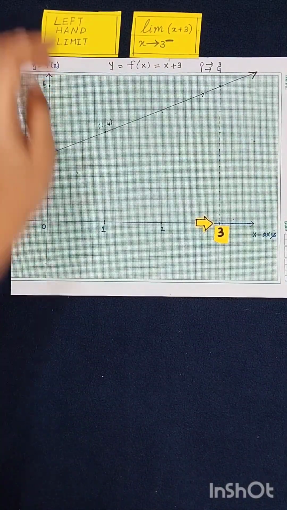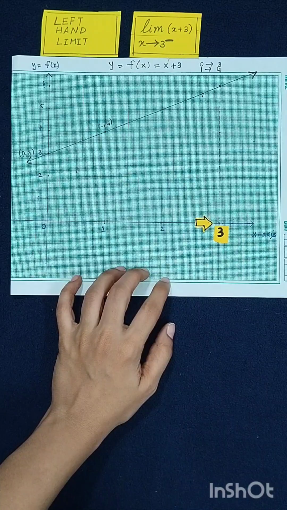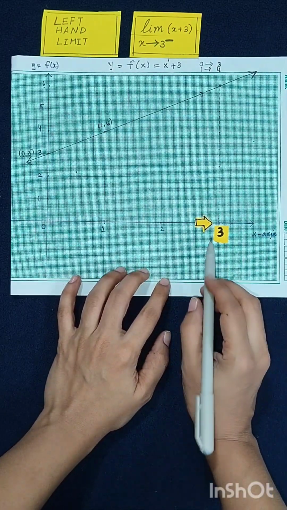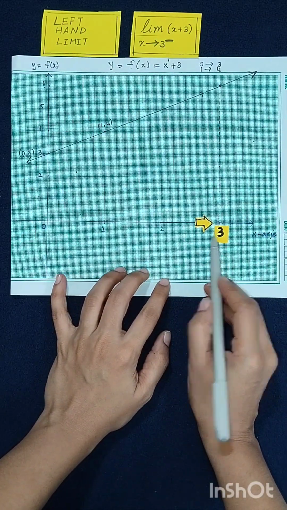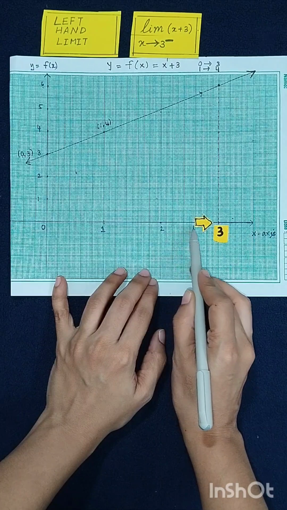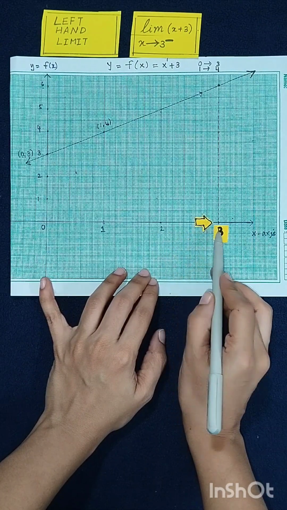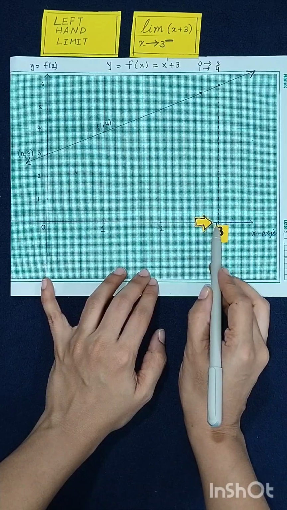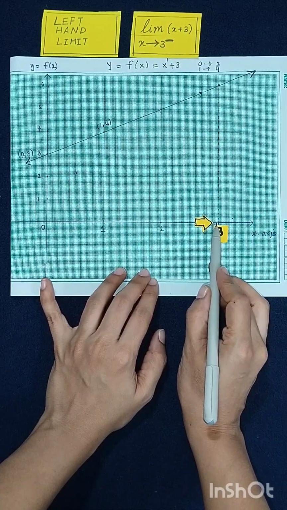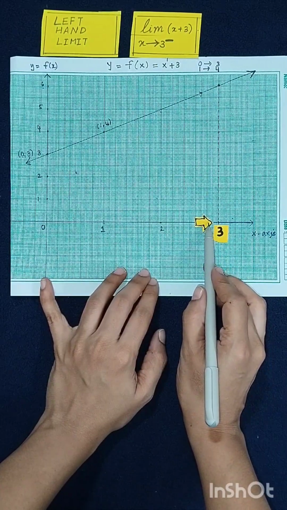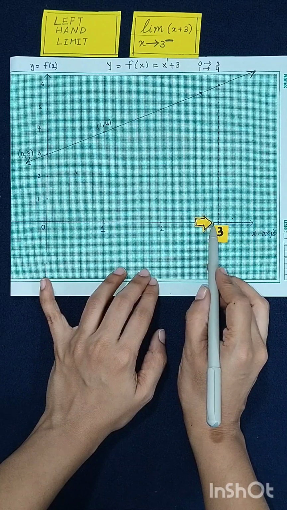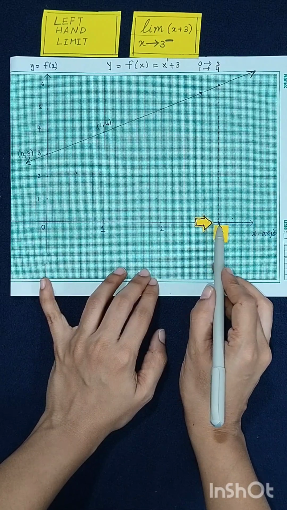To understand the left hand limit in the graph, we will approach 3 from the left side. That is, we take all the values of x that are lesser than 3 but very close to 3. It can be 2.9, 2.99, 2.8 or 2.999.